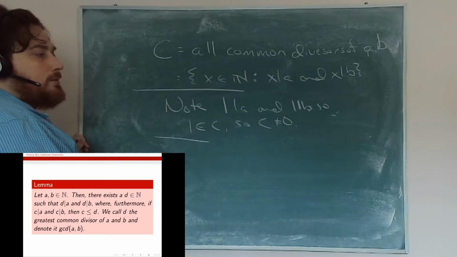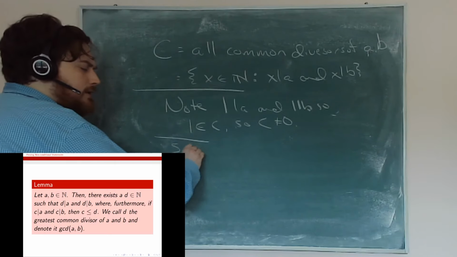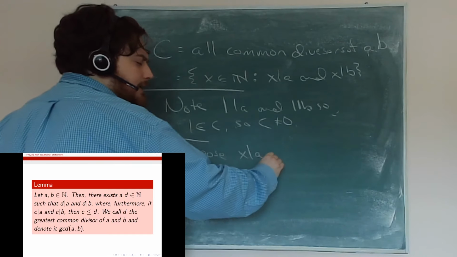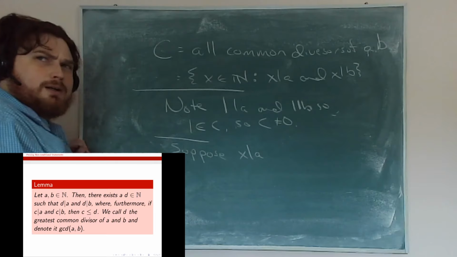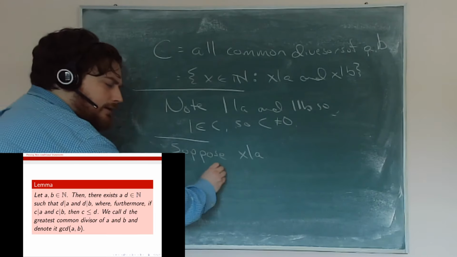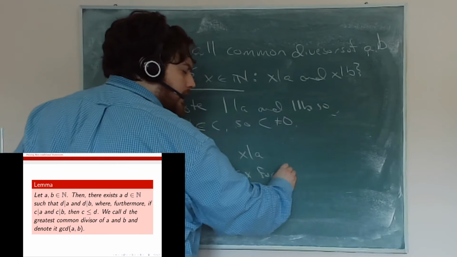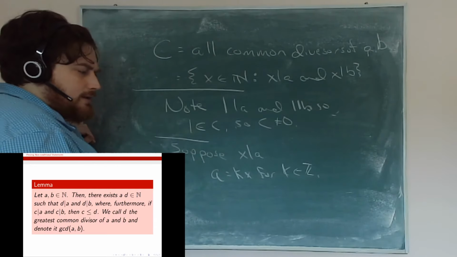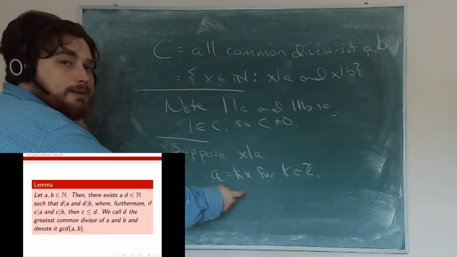Well, what I'm going to do here is suppose x divides a. I'm just trying to think here, and I'm not sure exactly where I'm going with this, but if x divides a, then a is equal to k times x for k an integer. Now, this is a natural number, so these are both positive, so k would have to be positive.